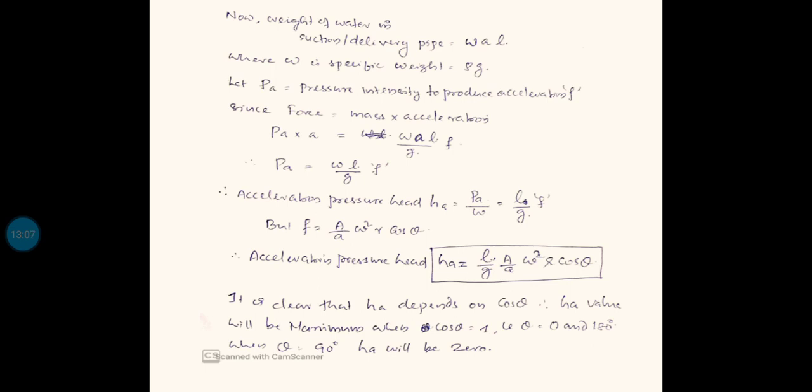Cos theta equal to 1 means the angle is either 0 degree or 180 degree on the suction side. So at theta equal to 0 degree we have HA maximum, and at 180 degree also HA will be maximum, but at 90 degree HA will be minimum, equal to 0.